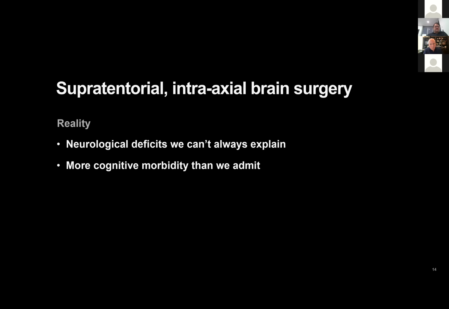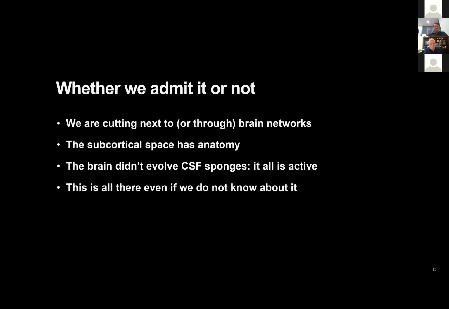And that's because there are parts of the language and motor system that are not in the traditional motor cortex and Broca's area that we think about. And this is because our models are inadequate. So whether we admit it or not, we're doing cuts next to brain networks. There's no way to do an operation where you obtain an aggressive resection without cutting next to it somewhere. Now, you might not cut very close to it, but you're making a decision of what goes and what stays.